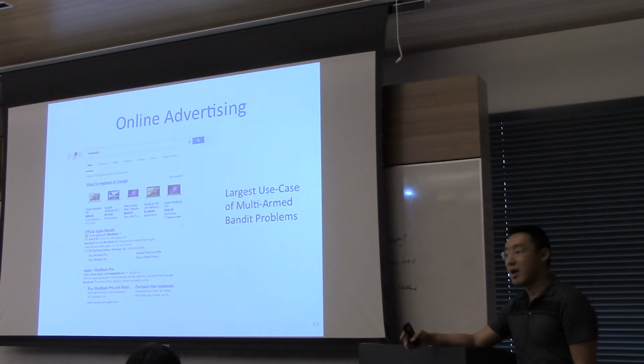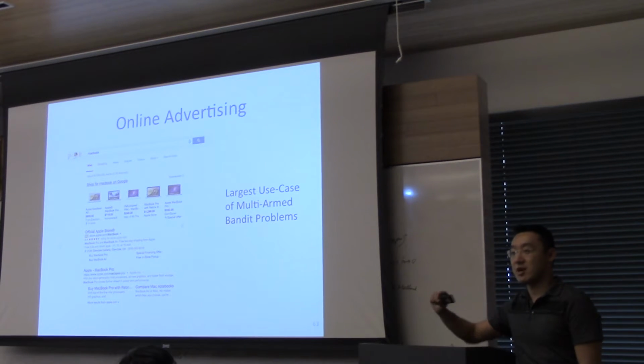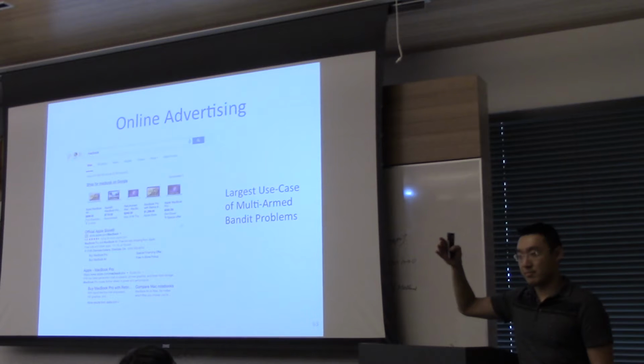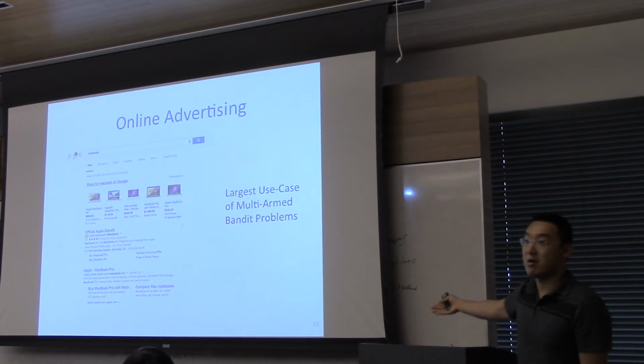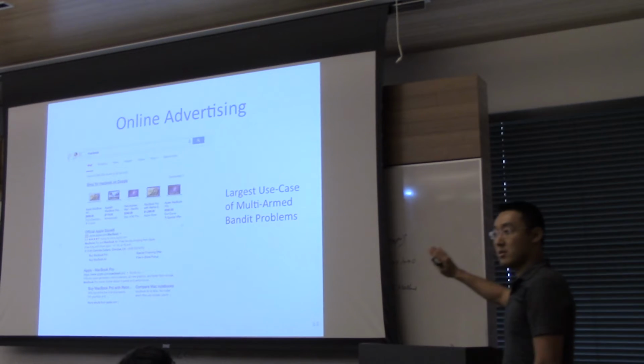That means there's a 1% chance you're wrong, which means there's a 1% chance that you suffer constant regret from the stopping point to the end of time. That means you do not have a no-regret algorithm.